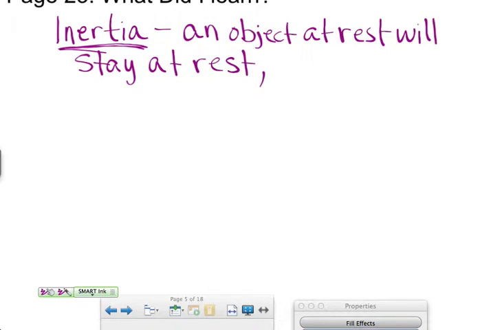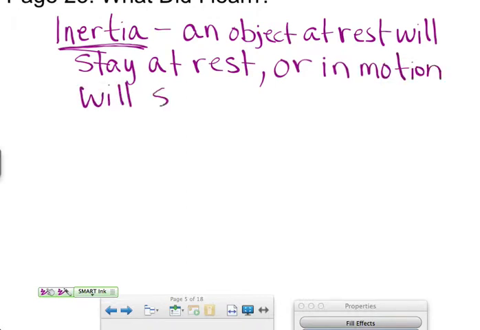Hussein, when you go upside down or when you go up a hill and down a hill, they want to make sure that you stay in the car and not fly out of the car, because not only does inertia state an object at rest will stay at rest, it also says or in motion will stay in motion.